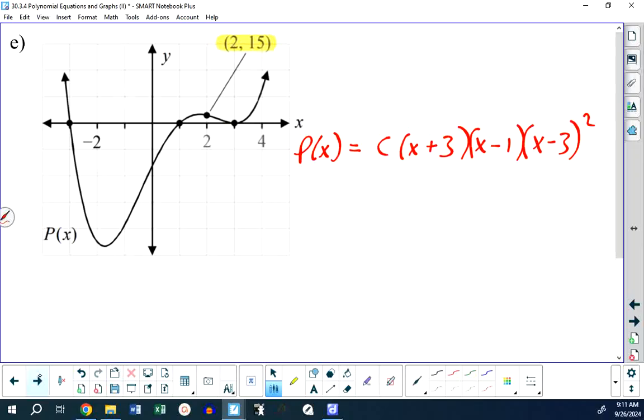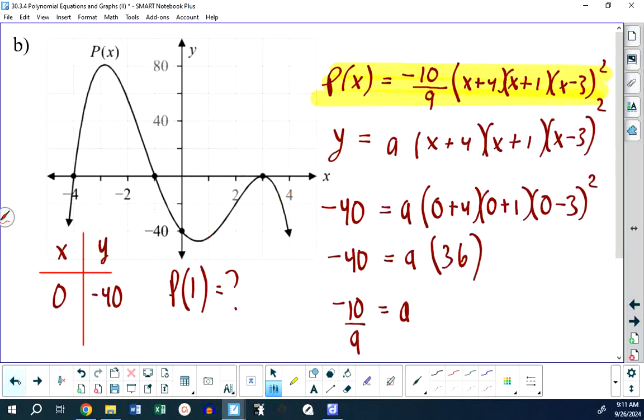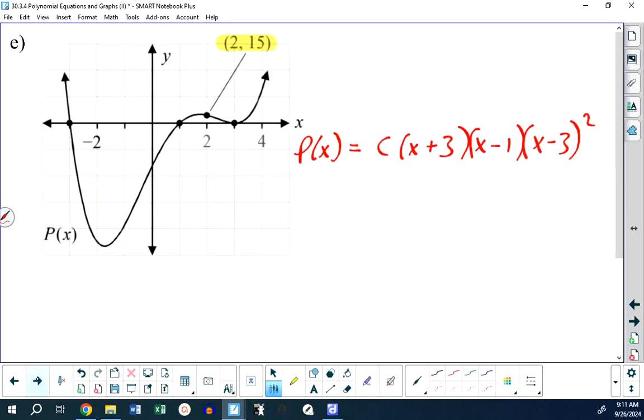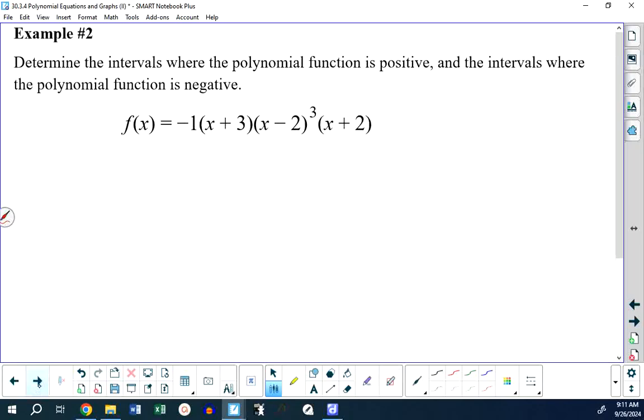So even though you could have done that with all of these, because you were given the y-intercept, since you can't do it with this one, what we're going to do with this one you can do with any of them: always do the missing parameter thing. Unless it's obvious. Honestly, this last one was obvious. The y-intercept with a leading coefficient of 1 would have been negative 8. We want negative 24, so you triple it. So let's go ahead and put in the coordinates.